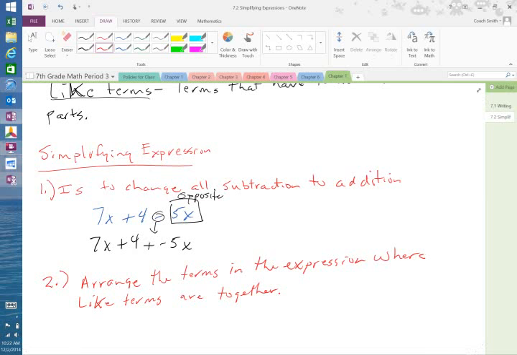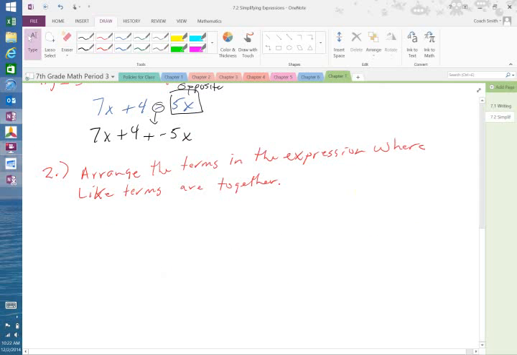So in the expression, 7x plus 4 plus negative 5x. In that expression, what terms are like terms? In other words, what terms have exactly the same variable? Emma? Right. 7x and negative 5x are the like terms.